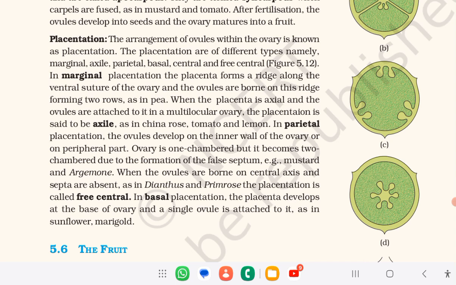When the ovules are borne on the central axis and septa are absent, as in Dianthus and primrose, the placentation is called free central. In basal placentation, the placenta develops at the base of the ovary and a single ovule is attached to it, as in sunflower, marigold.